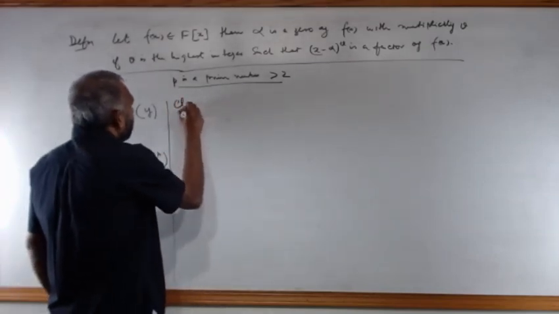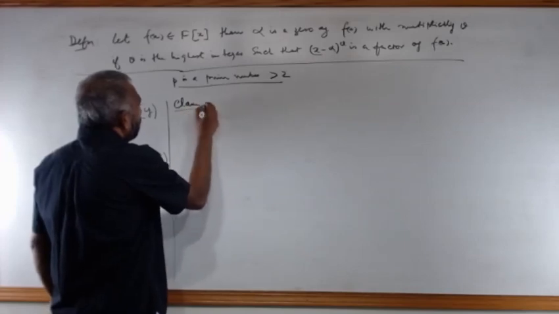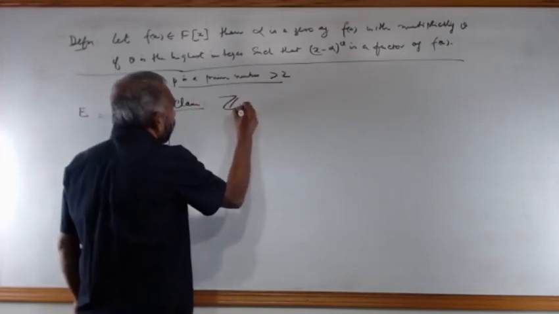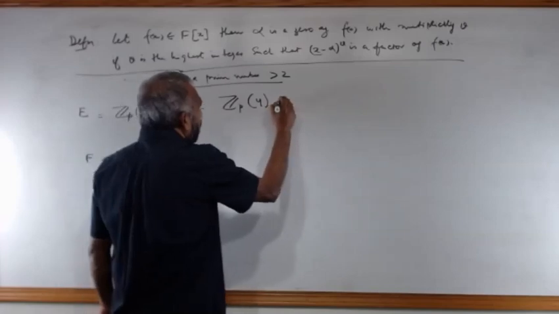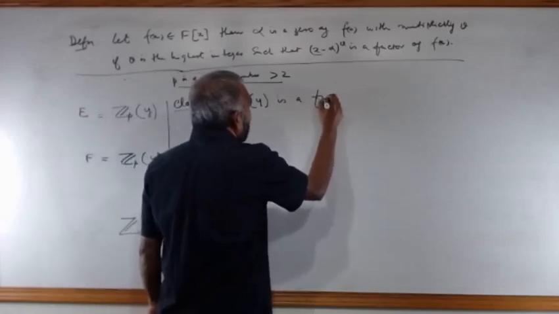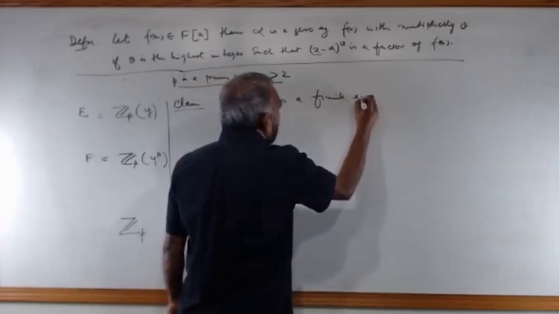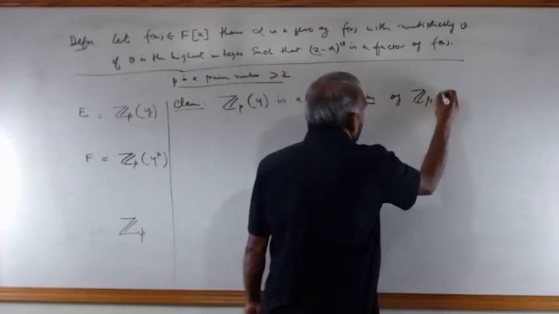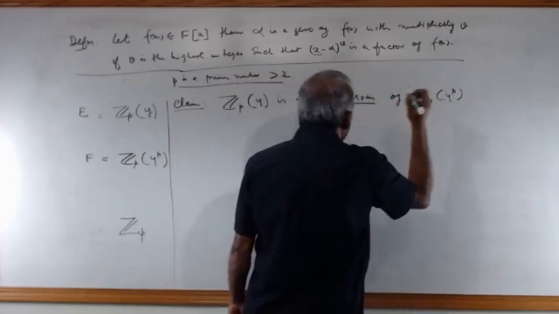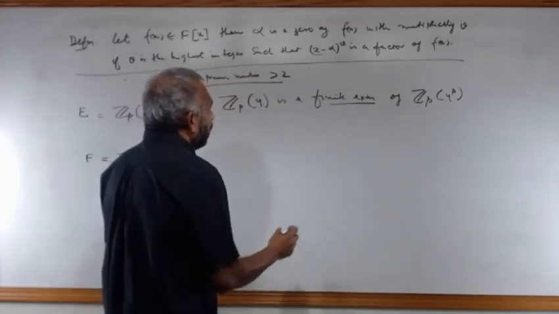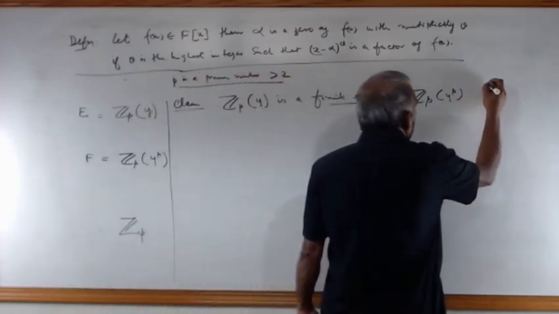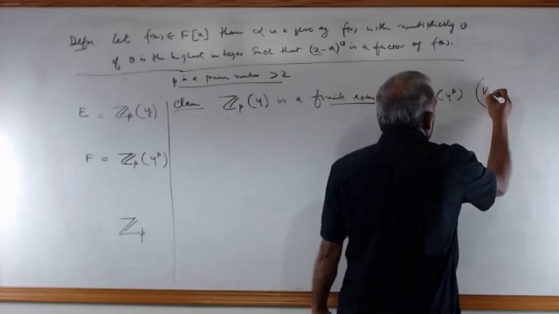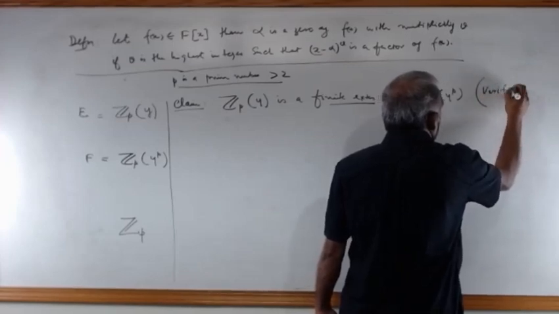The first claim is Z_p(y) is a finite extension of Z_p(y^p). I'm not going to do the proof of this, you can verify.